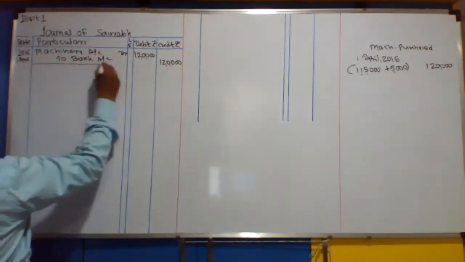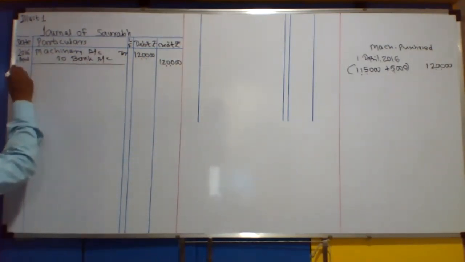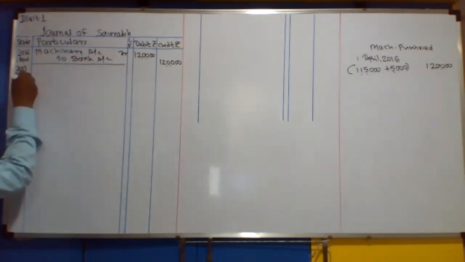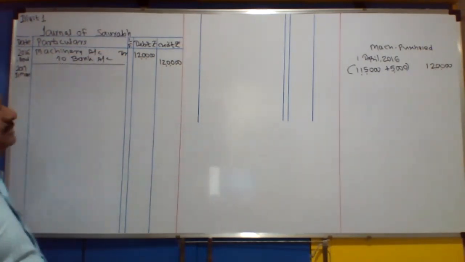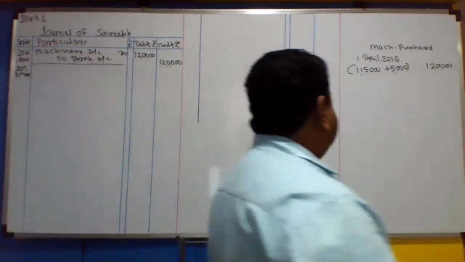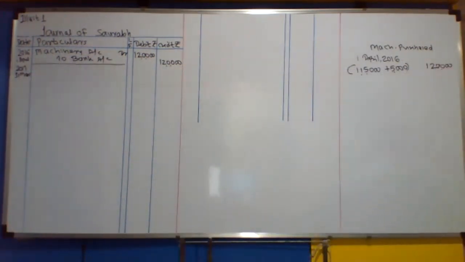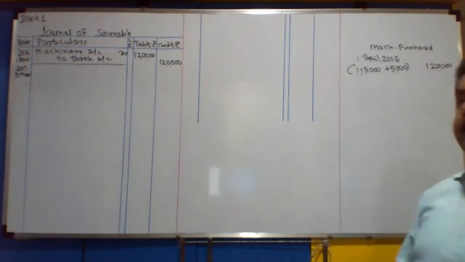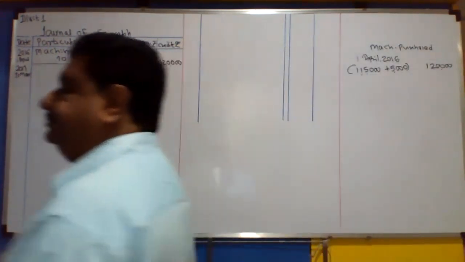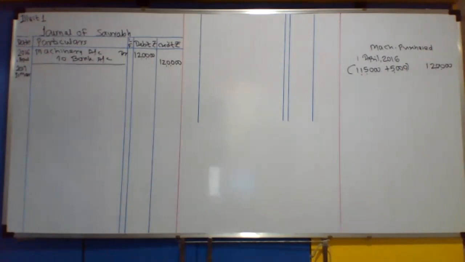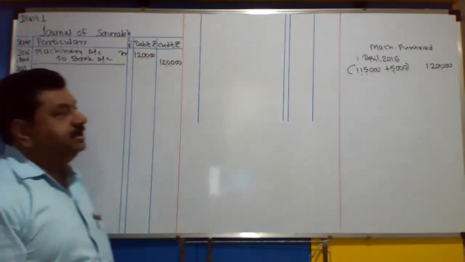Narration: being machinery purchased and installation charges paid rupees 5,000.